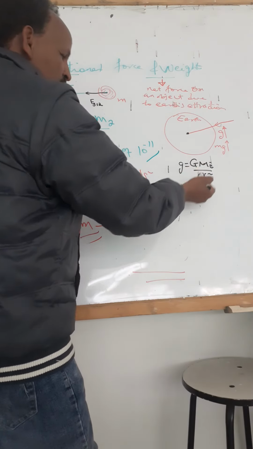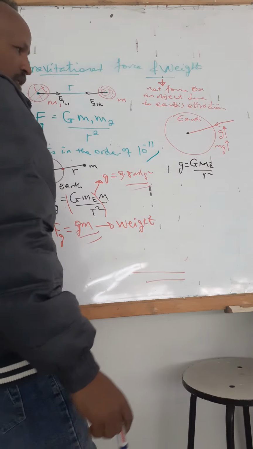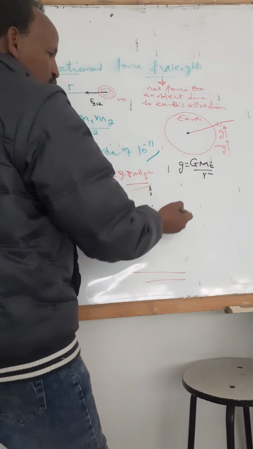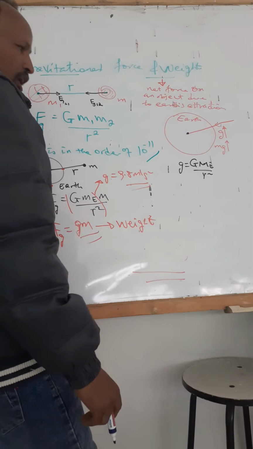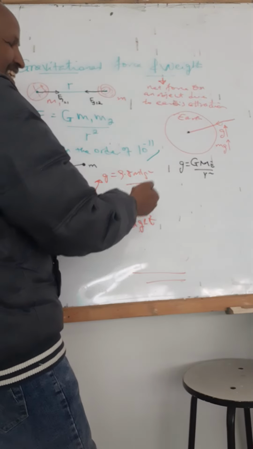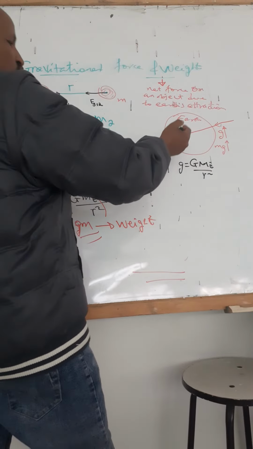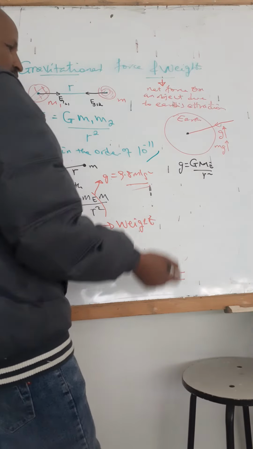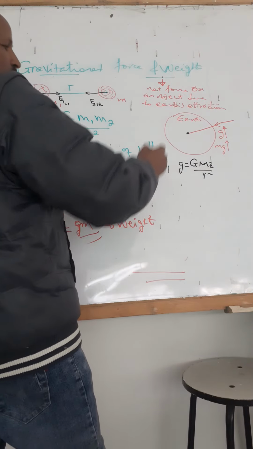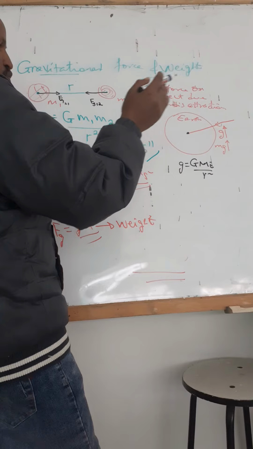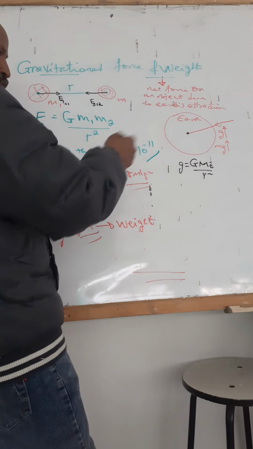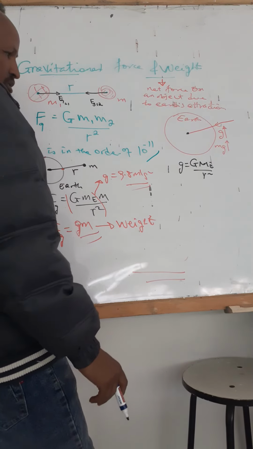As we go, G and M are constants, and R is going to be decreasing. Due to the decrease in R, the force of gravity or gravitational acceleration is going to increase as we go from some altitude to the surface and crossing the surface to the center of the Earth.